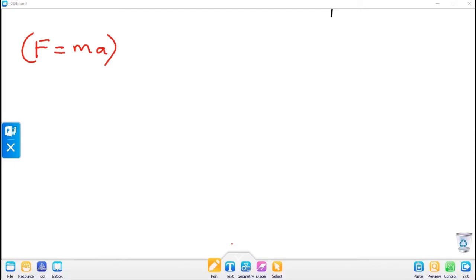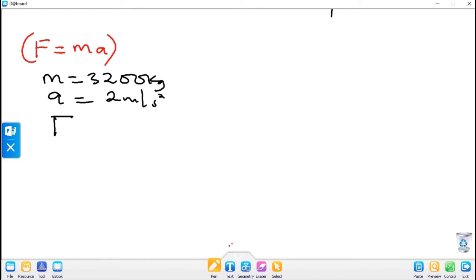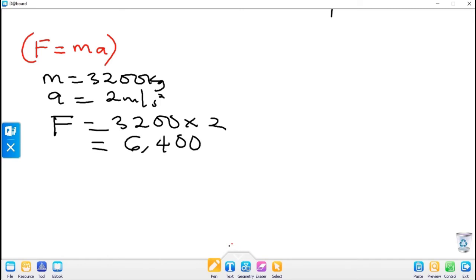Recall that we are given the mass m to be 3,200 kilogram, and we just calculated a to be 2 meters per second squared. So therefore my F becomes 3,200 multiplied by 2. When you multiply 3,200 by 2, you're going to have 6,400 newtons. So this is the magnitude of the force.